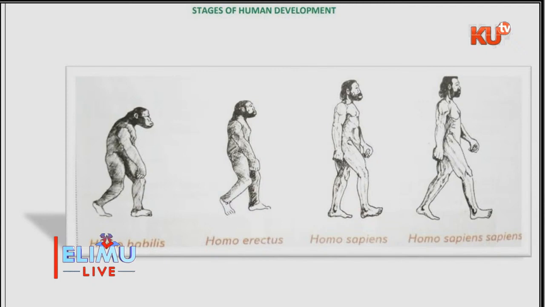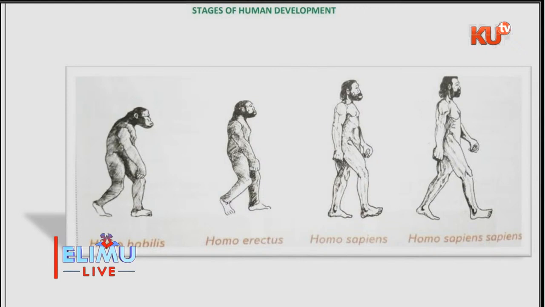Homo sapiens now is almost moving like the normal human being. If you look at the posture, the face, the skull, and the head, you'll find that even the face, even the mouth, is almost resembling that of a normal human being.